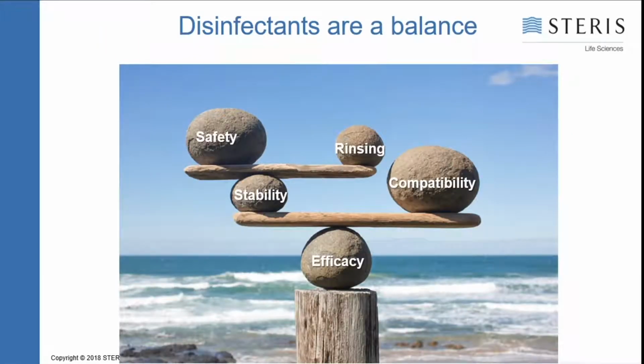This is also an important slide because it shows that one of the key things we're going to be talking about today is the efficacy of these products. It's a delicate balancing act when you choose disinfectants, sporicides, and sanitizers for your clean room because you have to balance these different factors. In other words, efficacy, substrate compatibility, stability, use dilution, open container and closed container stability, rinsing and residue removal, and then of course safety.